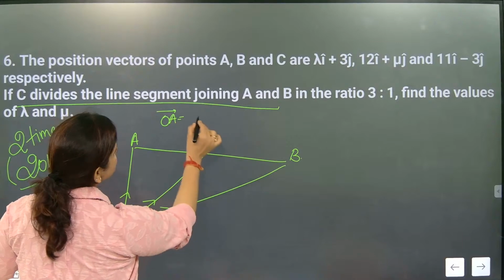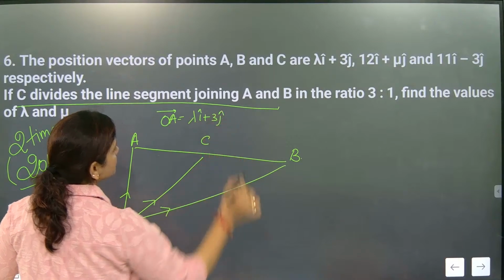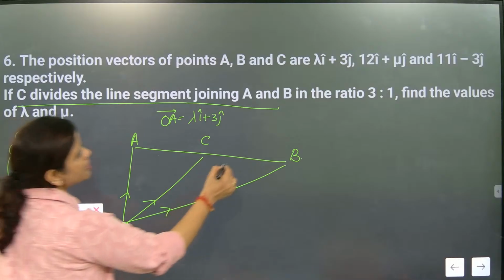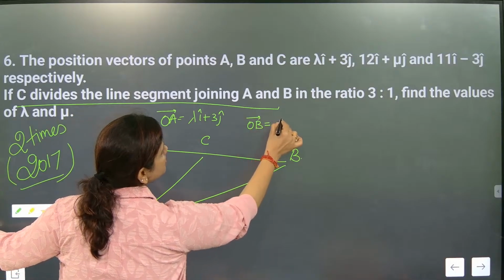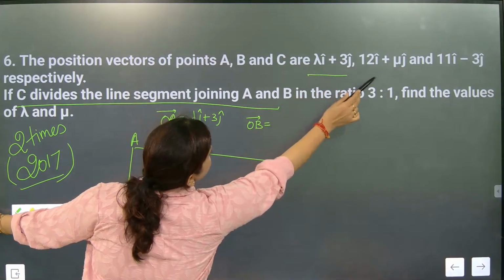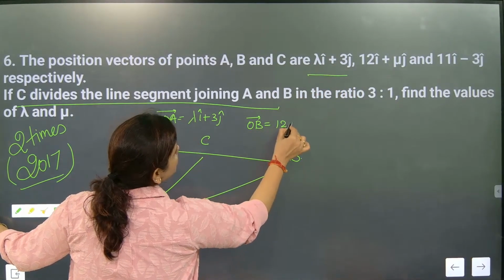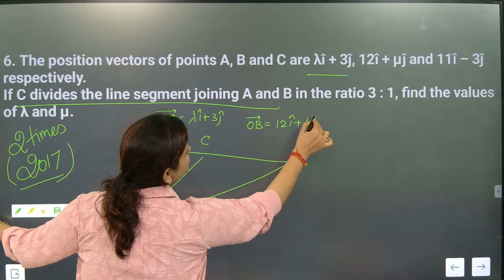OA vector is lambda i cap plus 3j cap. Done. What is OB? Come on, say anyone. OB vector is 12i cap plus mu j cap.